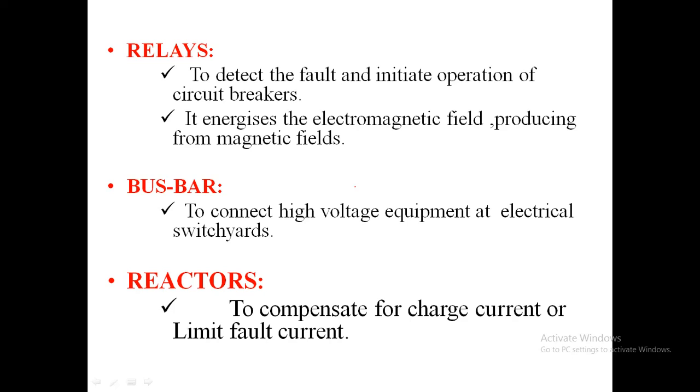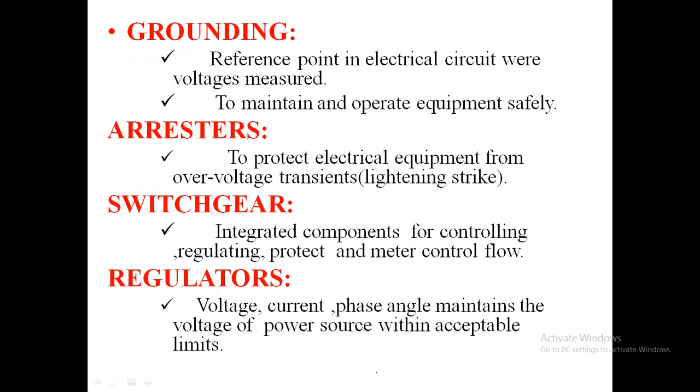Next are relays, to detect the fault and initiate the operation of circuit breakers, and also to energize the EMF produced from the magnetic field. Next, bus bar, to connect the high voltage equipment at electrical switch yards. Next are reactors, mainly to compensate for the charge current or to limit the fault current.